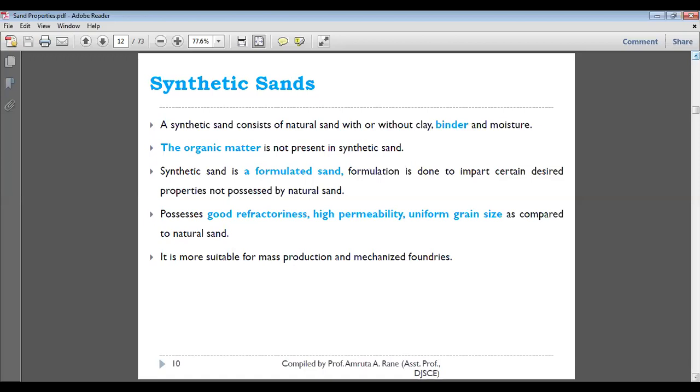So for mass production and mechanized foundries, we use synthetic sands, and these are certain types of powders of mixture metals along with other organic and synthetic materials. It may contain sand as well or may not, with both binder and moisture. A synthetic sand consists of natural sand with or without clay. So it may have clay, or it may be without clay.